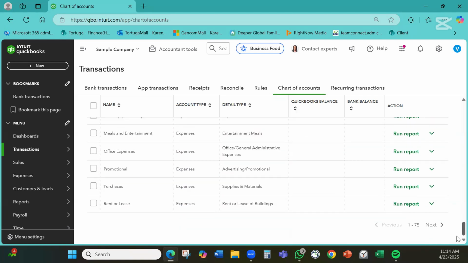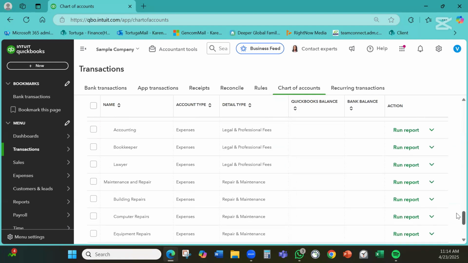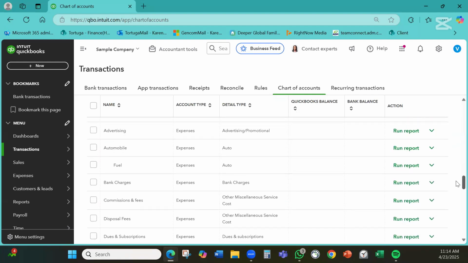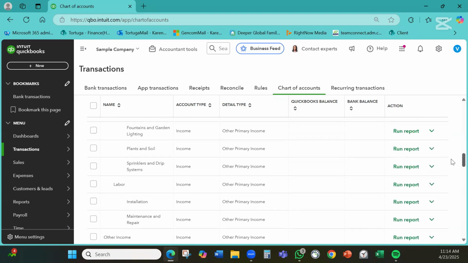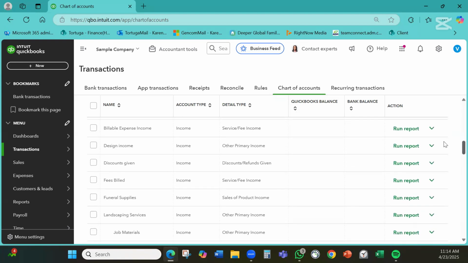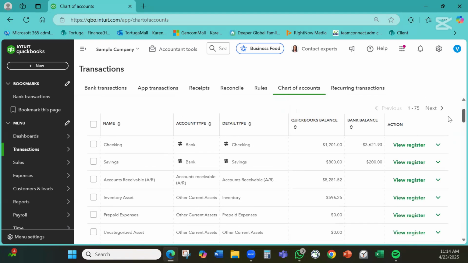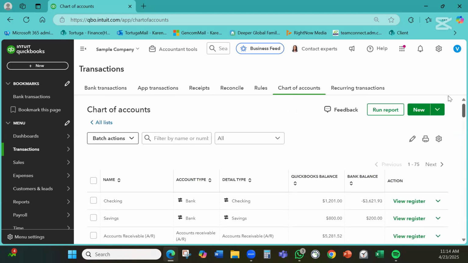So if you have additional expenses that are not here, then you can always create them yourself through what we call the chart of accounts. All right, and it's a big chart and it can hold, based on the product listing that I saw, one of them that has unlimited items on the chart of accounts.